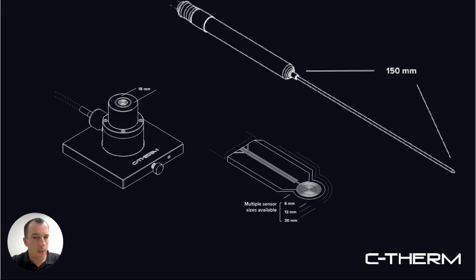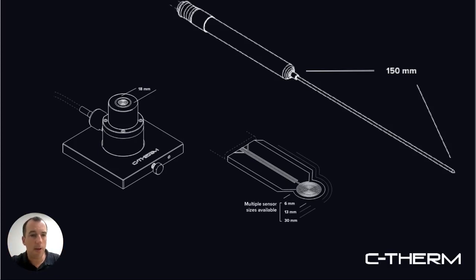The TPS in the middle is available in different size formats. So the standard ones are 6, 13, and 30 millimeters in size. Those are diameters. This is sandwiched between two homogeneous samples. So you would take your sensor and you would sandwich it in between two samples.